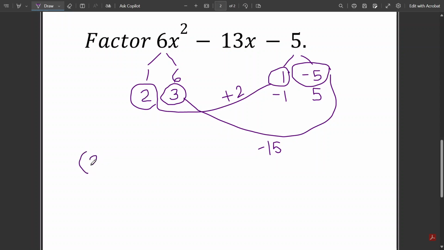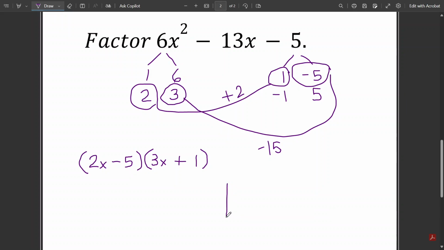So I'm going to have 2x in one of my parentheses, and then 3x in my other one. And I want the 2 to multiply by the 1, so I'm going to have to put 3x plus 1 here. And I want 3 to multiply by the negative 5, so I have to put the negative 5 here.